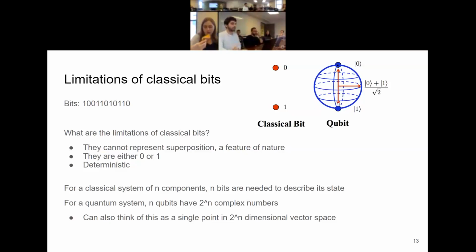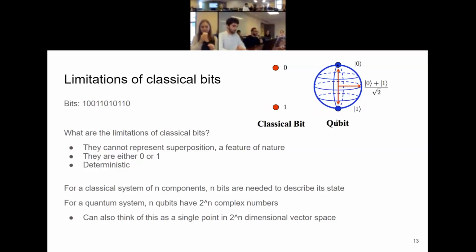And these vectors coming from the center, which are all the same length, point to somewhere on the surface, and every unique point on the surface is a new state that a qubit can actually represent. Without going into too much detail, because it can be a little maddening if you're just getting used to it, you can imagine that there are infinitely many points on the surface of this sphere, which means that we can represent, in principle, infinitely many different states, only one at a time, with a qubit.